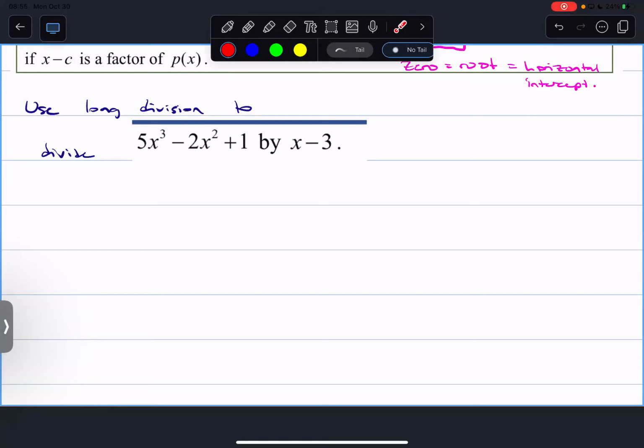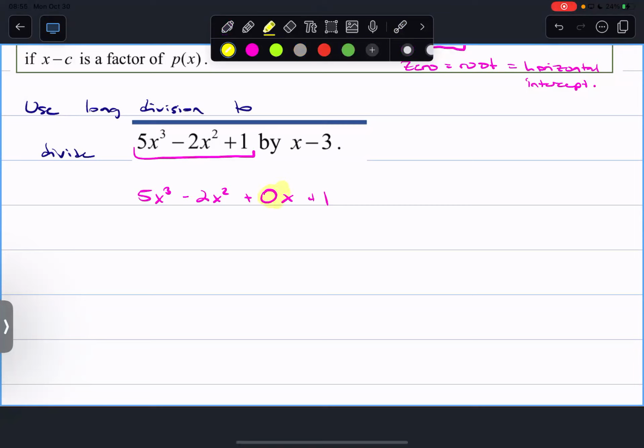Now, this is one of those scenarios where what we have to do first is rewrite this with all the coefficients of x, right? Because the coefficient of x to the 1 is missing. And so first thing we need to do is rewrite this as 5x to the 3 minus 2x squared plus 0x plus 1.